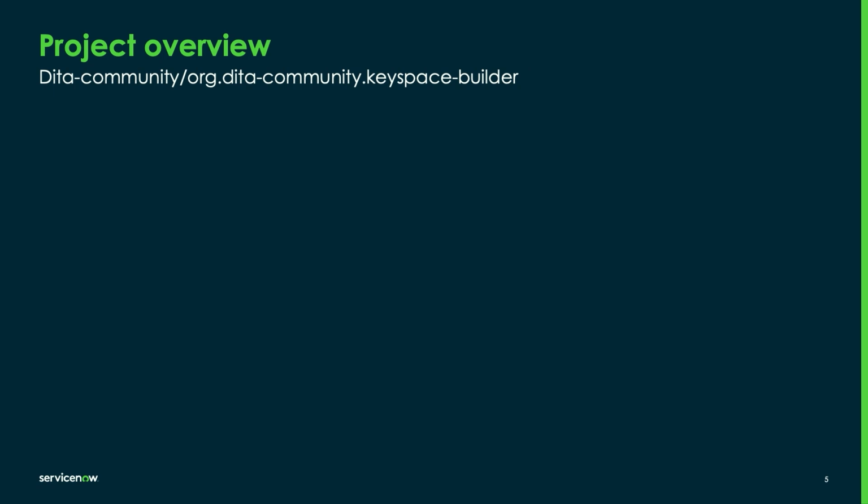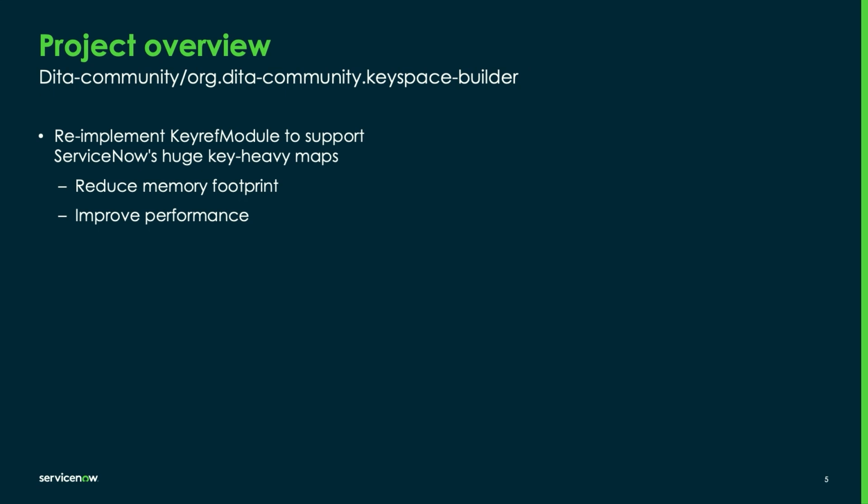All right, so this is an open source project in the data community organization on GitHub, data community keyspace builder. Basically what I'm trying to do is re-implement the keyref module to implement support for ServiceNow's huge key-heavy maps. At ServiceNow, we have a single product, the ServiceNow platform.